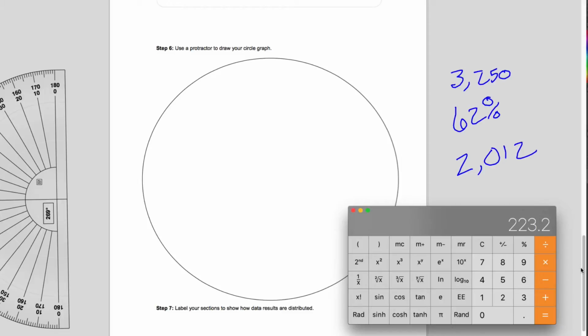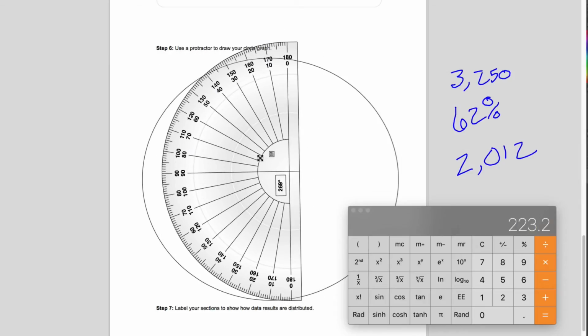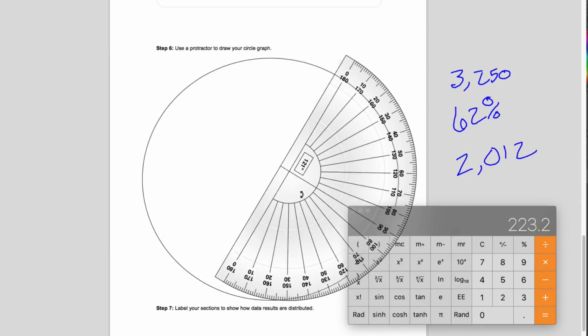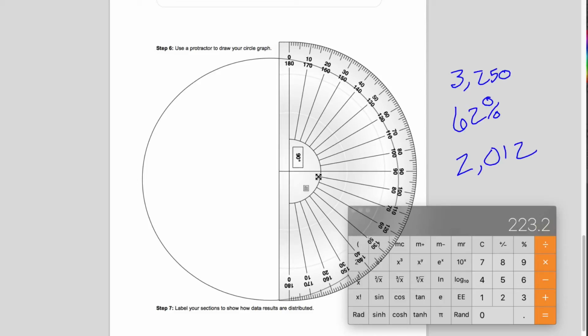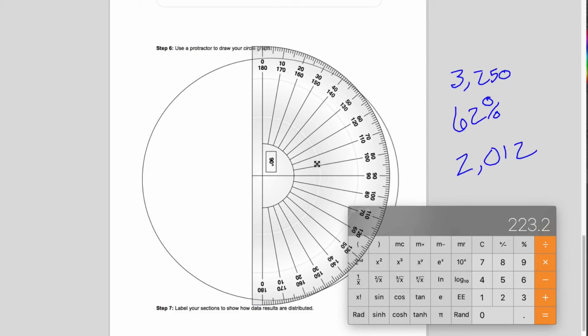So 223.2 degrees. So I'll take my protractor here, and I know straight up and down, 90 degrees there, that's 180. So I need to go a little more than 180, obviously. So what's 223.2 minus 180? 43.2.